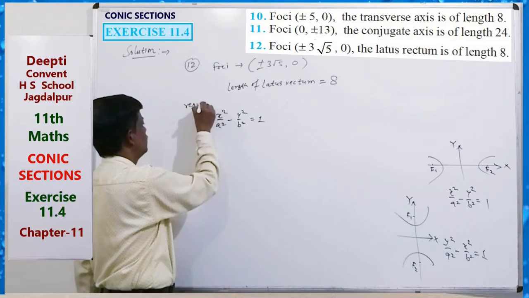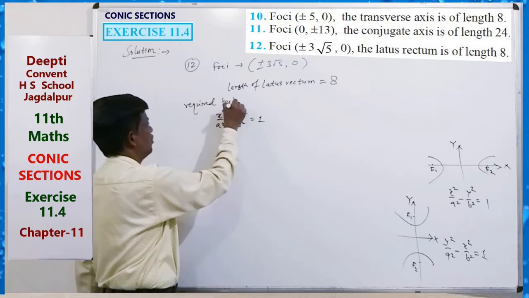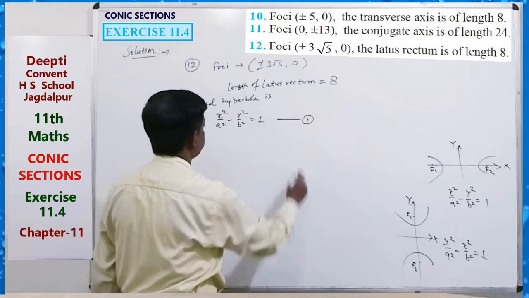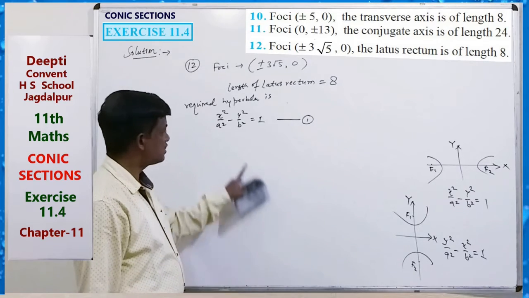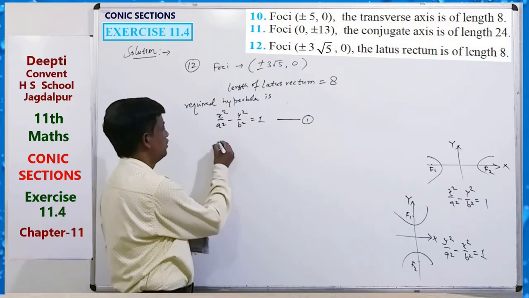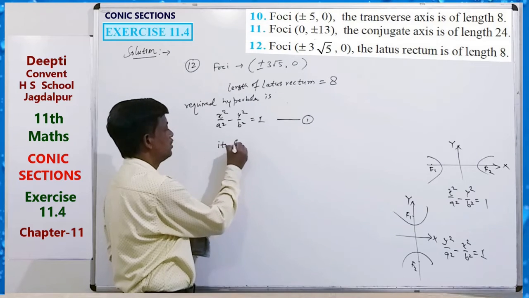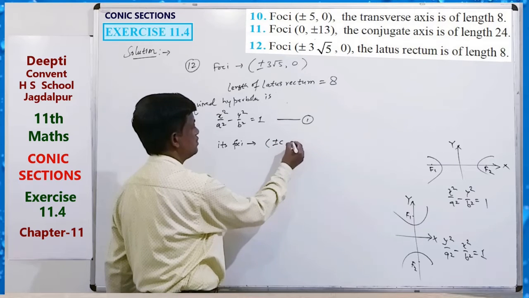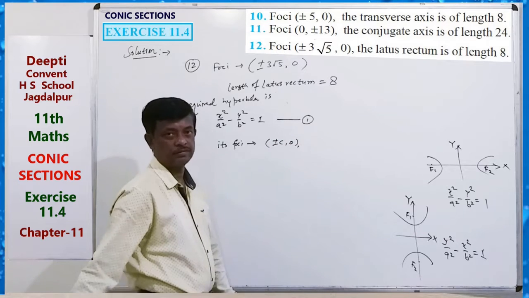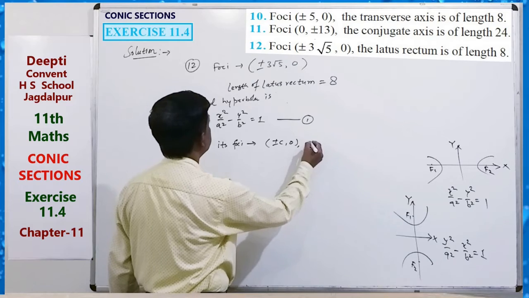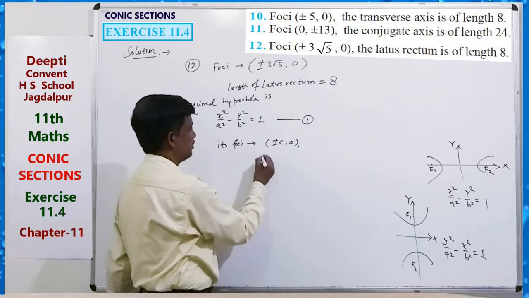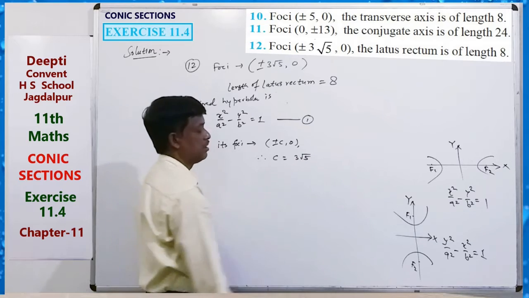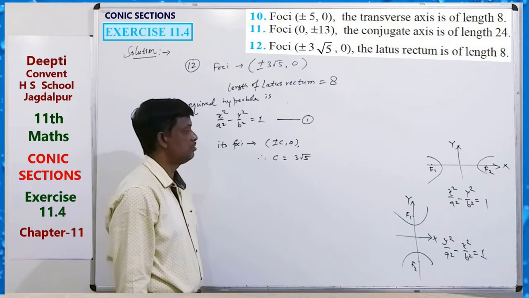So the required hyperbola has its foci at plus minus c, 0. And here foci is this, therefore c equals 3 root 5.